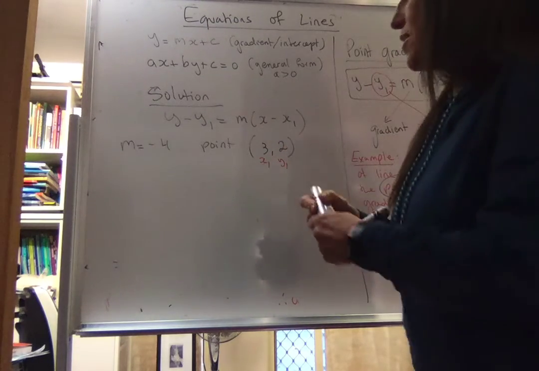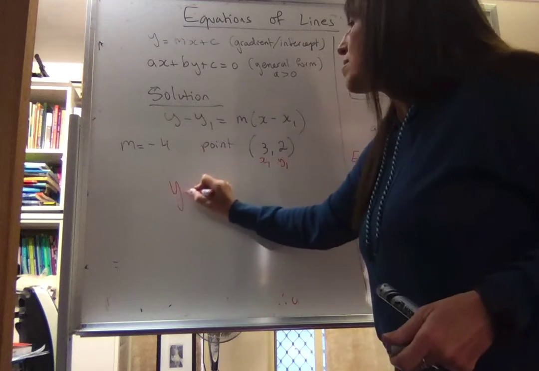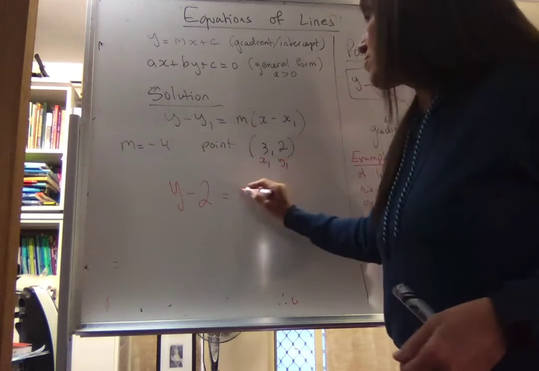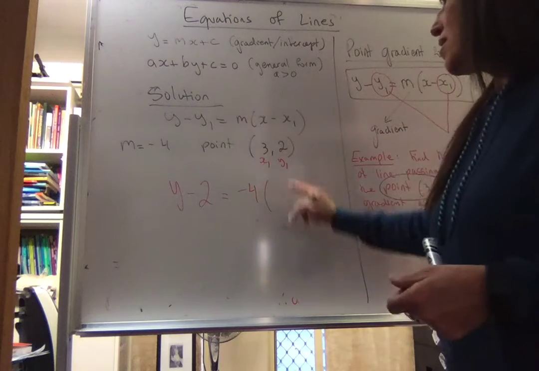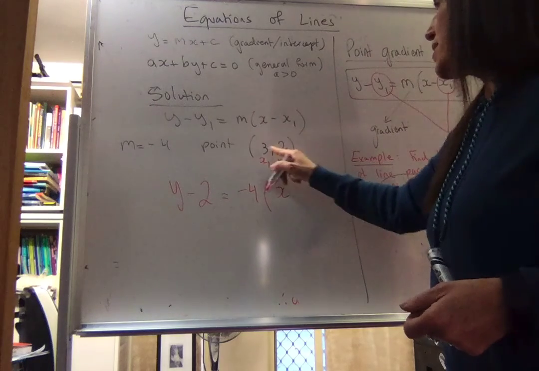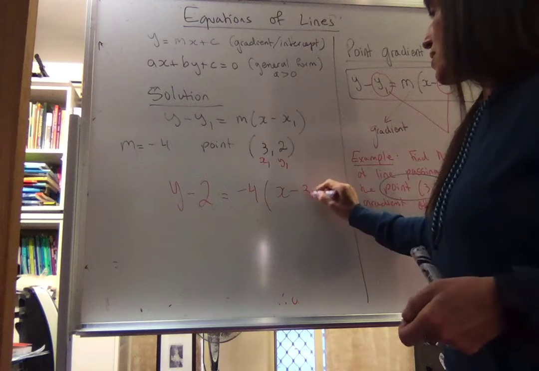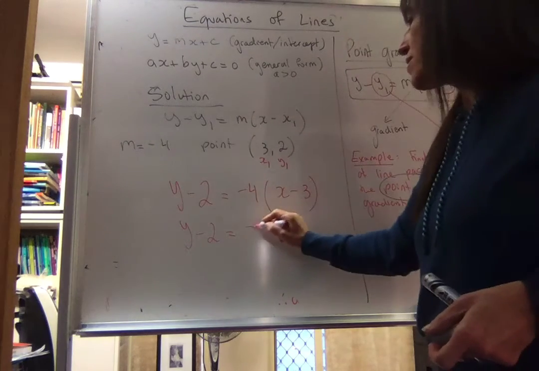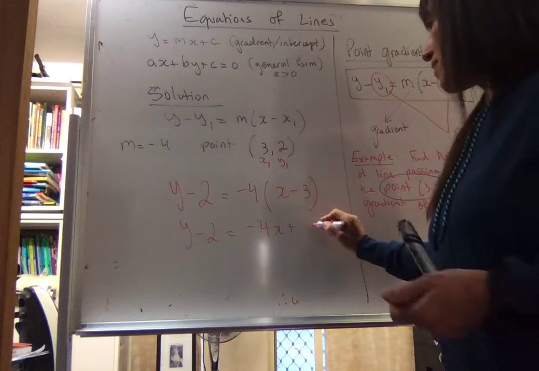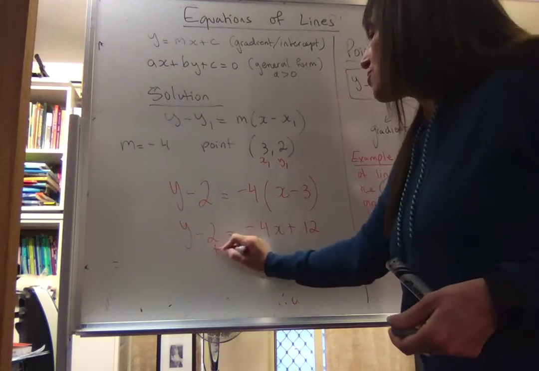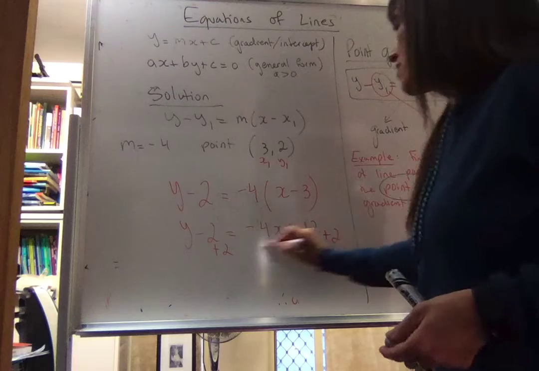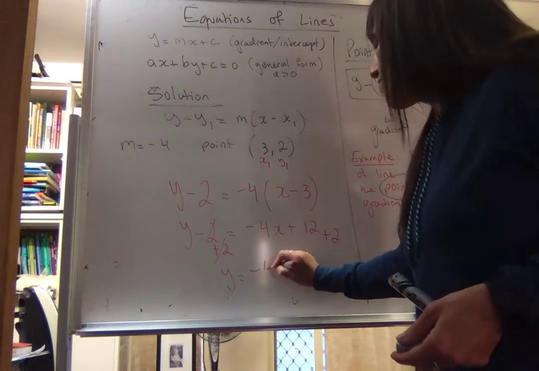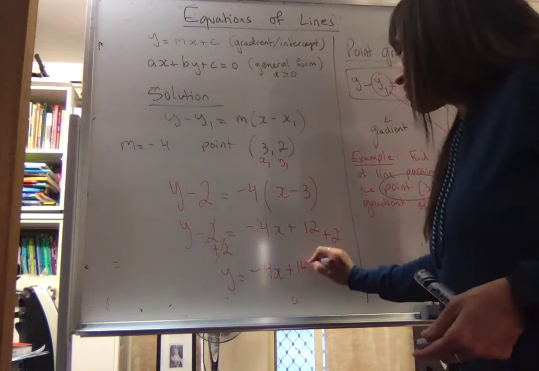All right, so let's substitute: y minus y1 is equal to my gradient, which is -4, and x minus my x1, which is 3. So I end up with y minus 2 equals -4 times x minus 3. Expand the brackets, -4x plus 12. Add 2 to both sides. So y is equal to -4x plus 14.